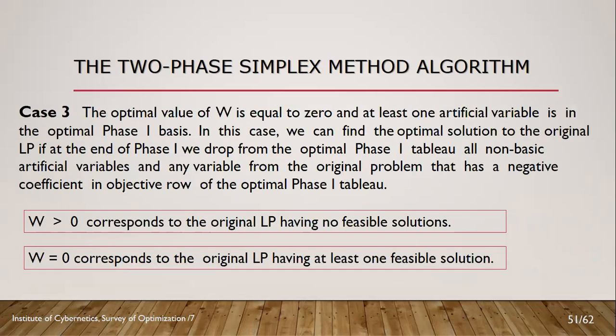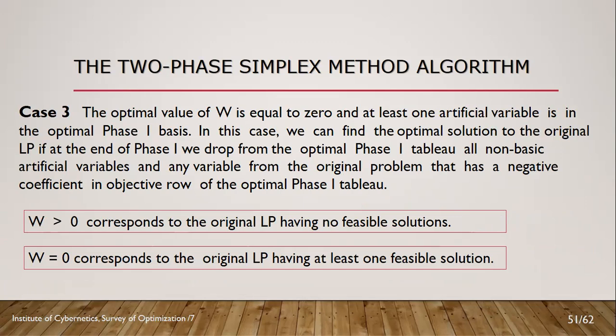Case 3 is such that the optimal value of W is equal to 0 and at least one artificial variable is in the optimal phase 1 basis. In this case, we can find the optimal solution to the original LP if at the end of phase 1 we drop from the optimal phase 1 tableau all non-basic artificial variables and any variable from the original problem that has a negative coefficient in the objective row of the optimal phase 1 tableau.